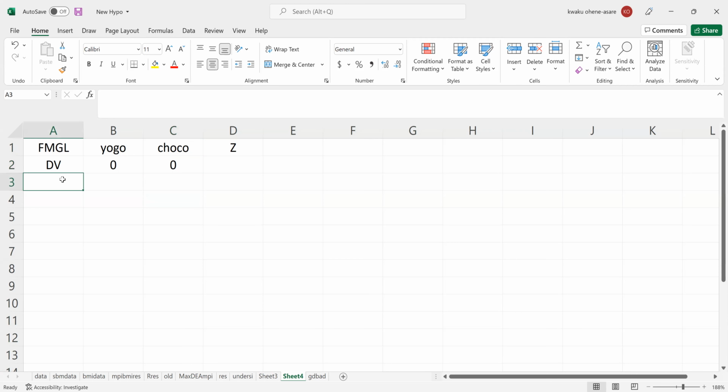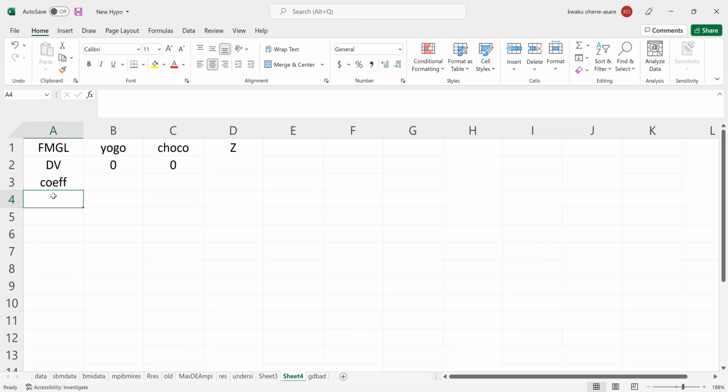Now go under the decision variables. That is cell A3. Put your cursor at cell A3, which is below the Farm Organa Limited, which is below the DV, and then write coefficient. You can just write COEFF, coefficient.